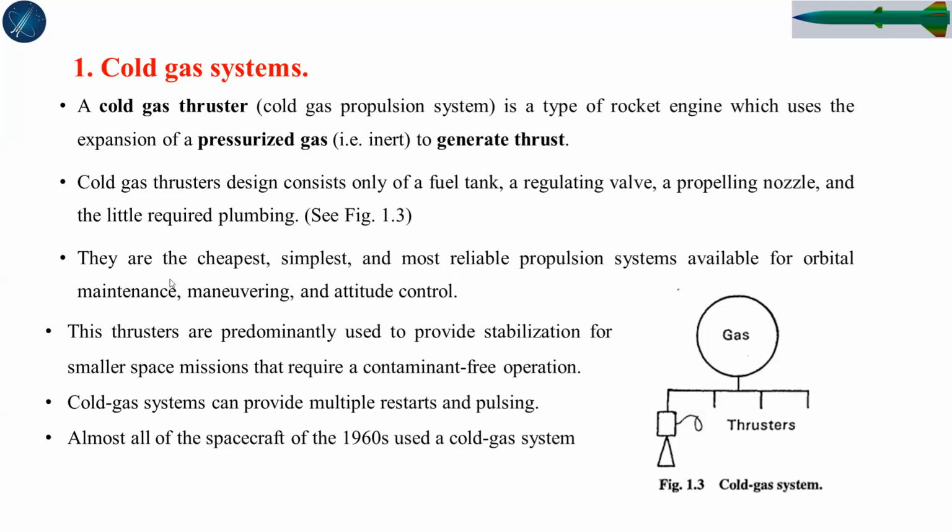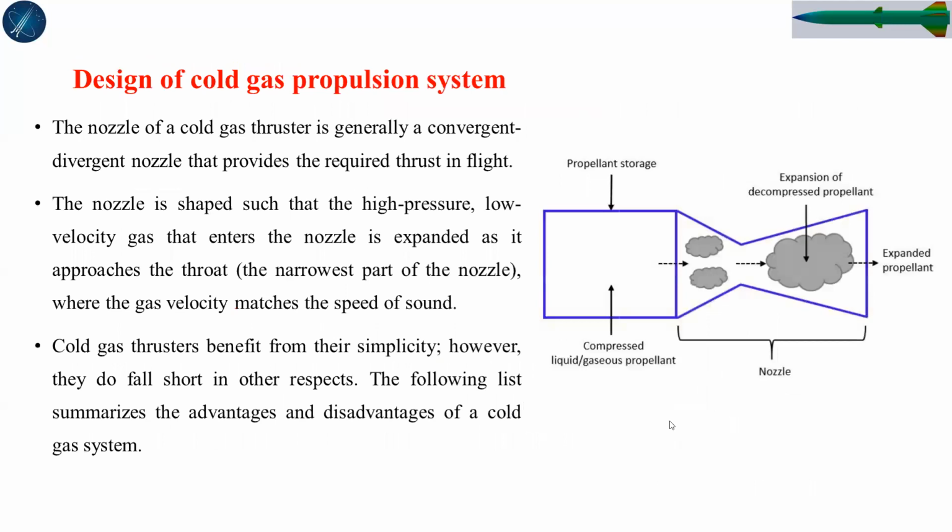Okay, they are the cheapest and the simplest form of construction, and are the most reliable propulsion systems. Okay, so these thrusters are used to provide stabilizing for smaller space missions. Okay, so cold systems can provide multiple restarting and pulsating. So it allows us to restart and pulsate it. Okay, so these are one type.